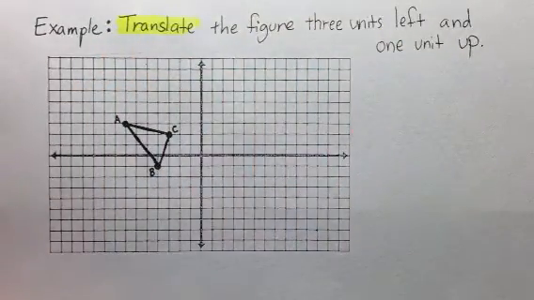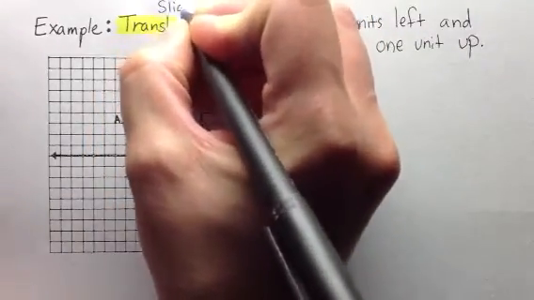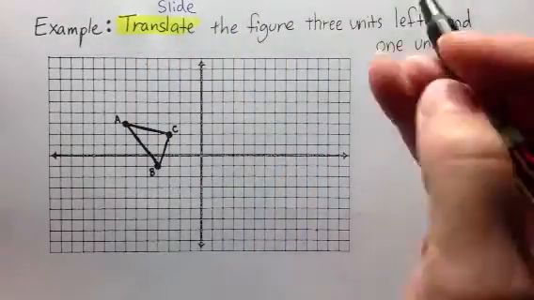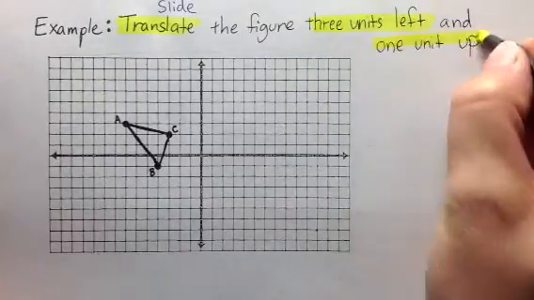Usually in directions you can pinpoint 2, 3 words that are significant in doing the problem. So translation tells me that what I'm going to be doing is a slide, and I want to slide the figure 3 units to the left and 1 unit up.